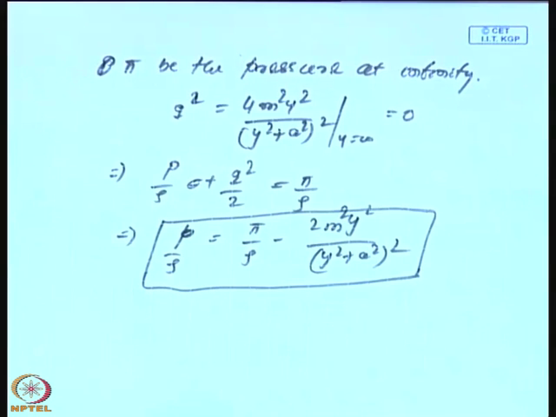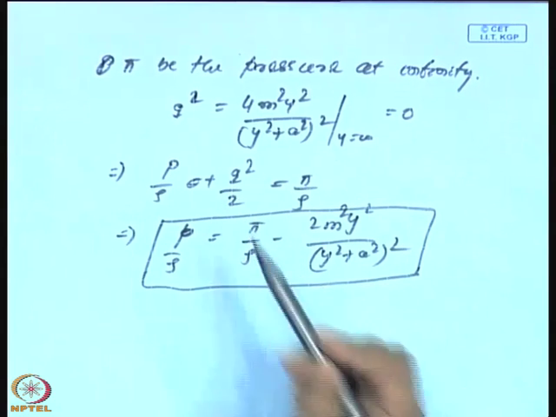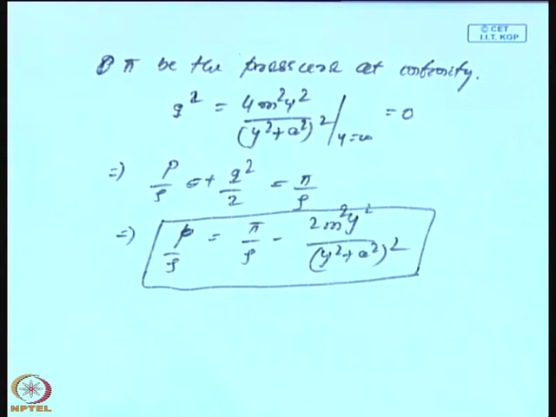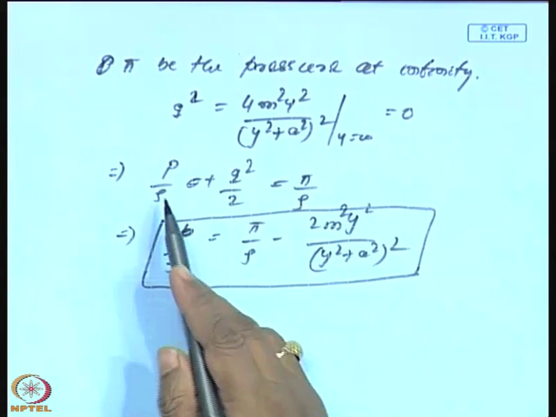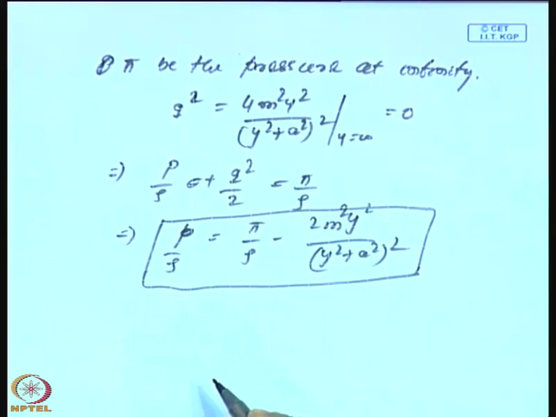And again, if q is 0, that means if the liquid is at rest, then the pressure at any point on the wall will be the same as the pressure at infinity.